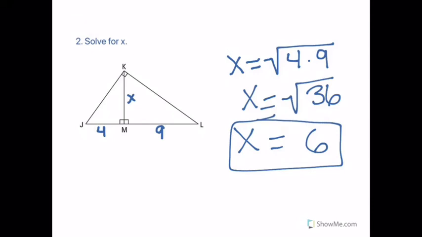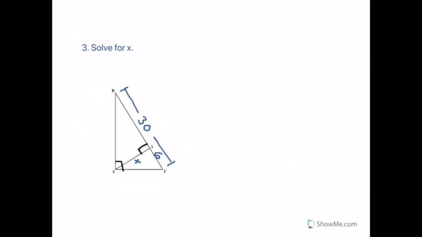All right, let's try number 3. Again, solving for x, that altitude. This one's a little bit different. We need to be cautious here. A couple of things to notice is that 30 is the entire length of the hypotenuse, and 6 is one segment of the hypotenuse.